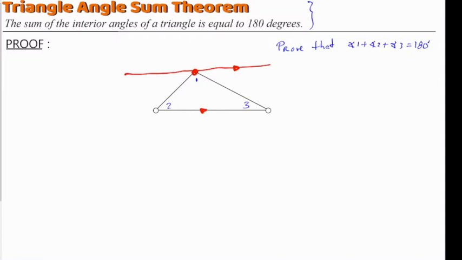Once you've drawn the line so that it is parallel, that means these other sides of the triangle, we can think of them as transversals. And if this is the transversal, and these are our two parallel lines, then the alternate interior angles are congruent, and I can put angle 2 up here saying that this angle up above is the same measure as angle 2 from the interior of the triangle.